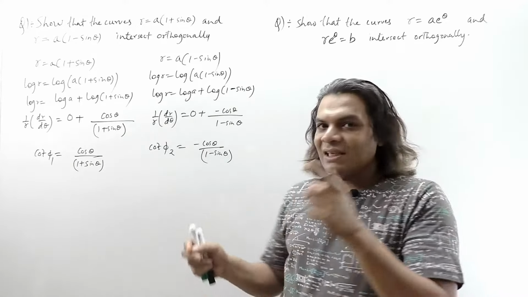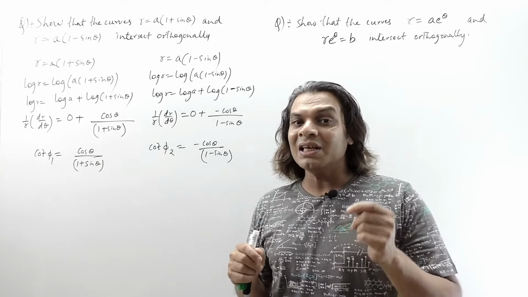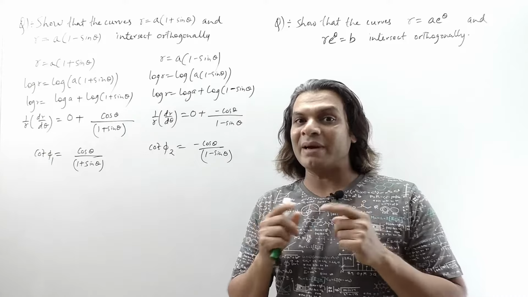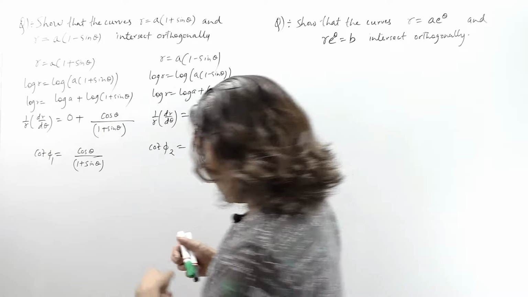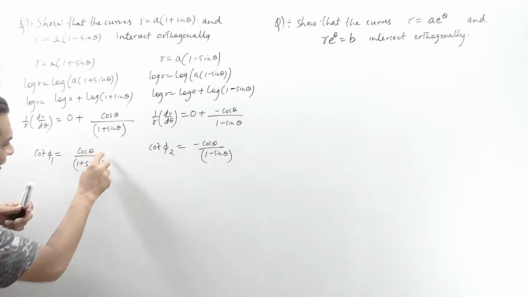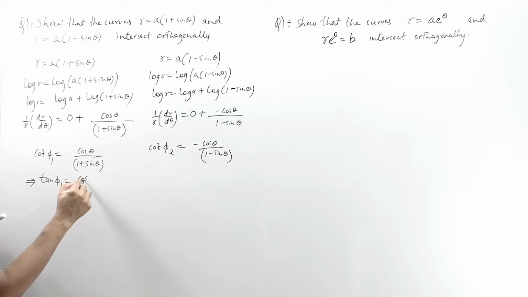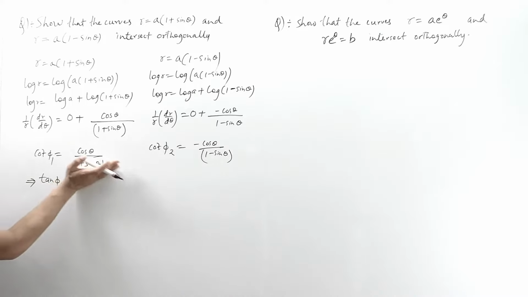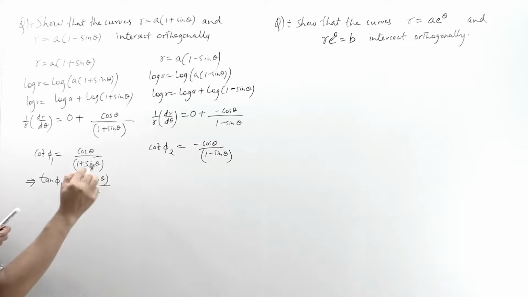If not by this, there is one more thing to show that the two curves are orthogonal. That is, the product of the slopes should be minus 1. That is, tan phi 1 into tan phi 2 should be minus 1. So what I'll do here is, cot phi 1 is equal to cos theta by 1 plus sine theta. That implies tan of phi 1 will be the opposite of it, so this will be 1 plus sine theta by cos theta.